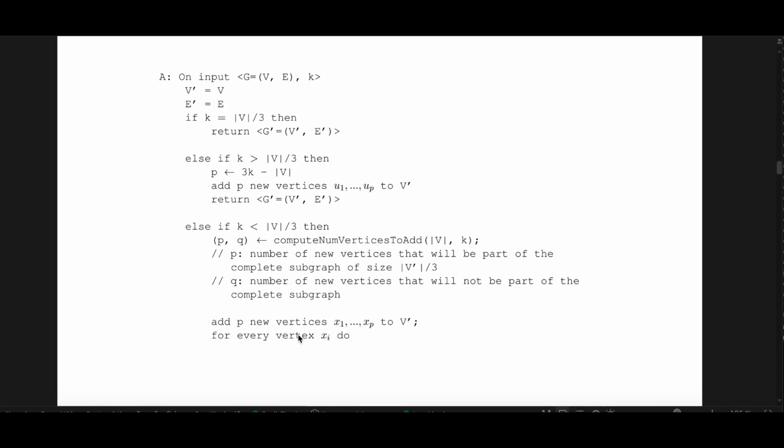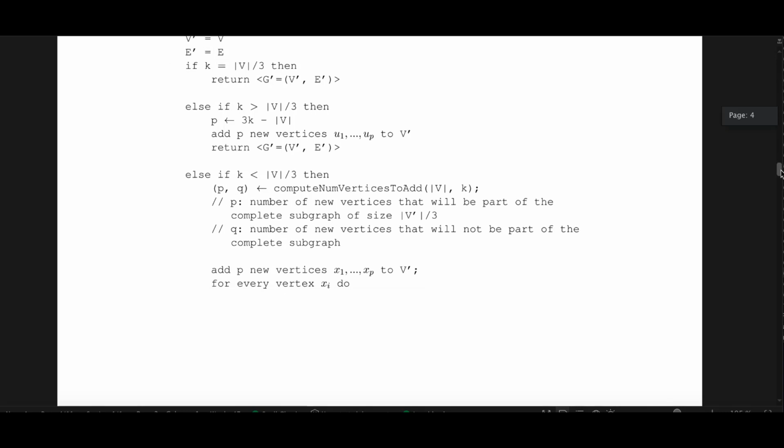And then we can add P new vertices x1, x2, ..., xP to V+. And for each vertex xi, do the following things.